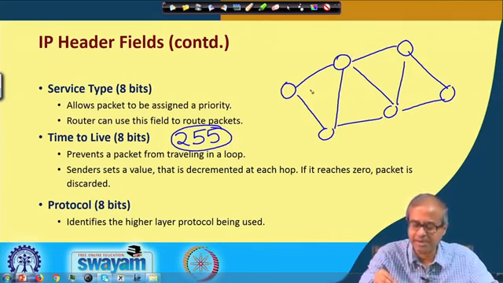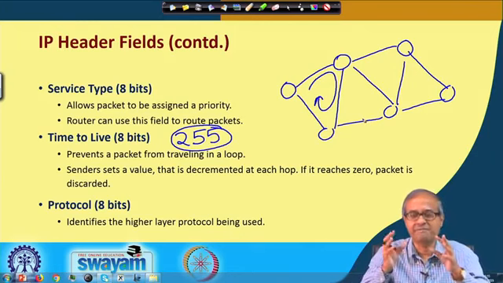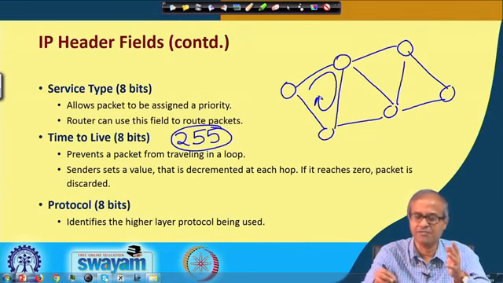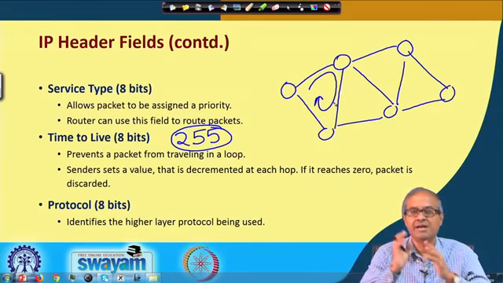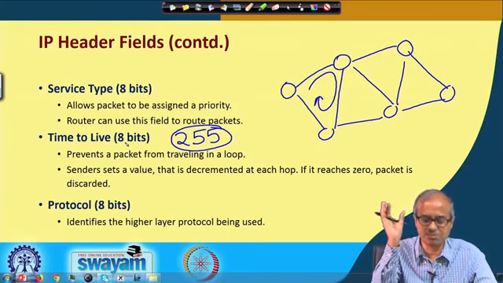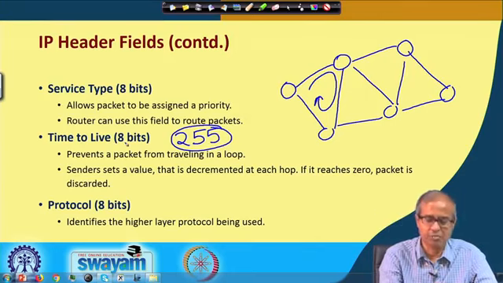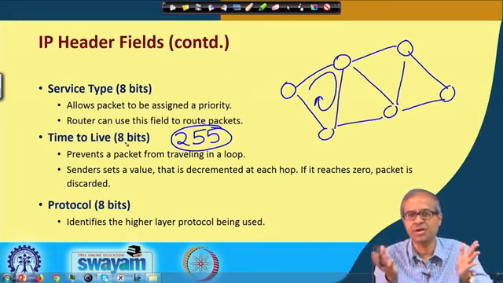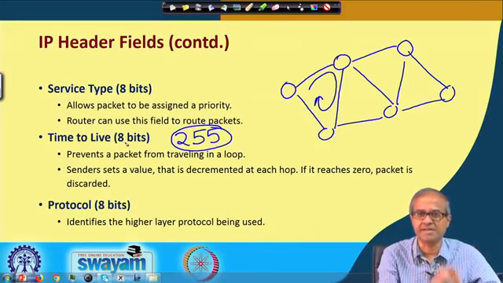Like for example, your packet might go along in this cyclic loop indefinitely, it will never go out. If due to some reason the routing table entries have changed or got modified in such a way that the packet will get forwarded like this only. Now, you do not want such a situation to happen. Now, this time to live is a field which is put in the header with an initial value. Now, how much initial value? That depends on the network, you can set that value, suppose 50.